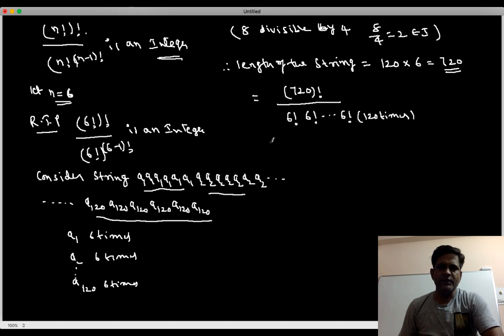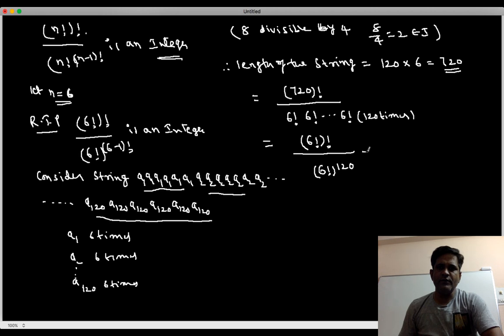So this equals, this 720 can be written as 6 factorial, factorial, over 6 factorial power 120, that is 120 times.